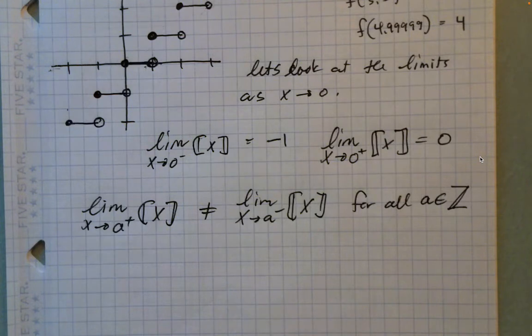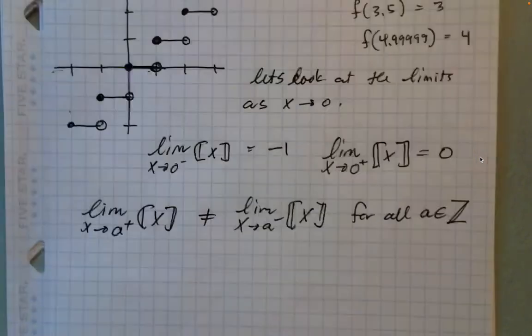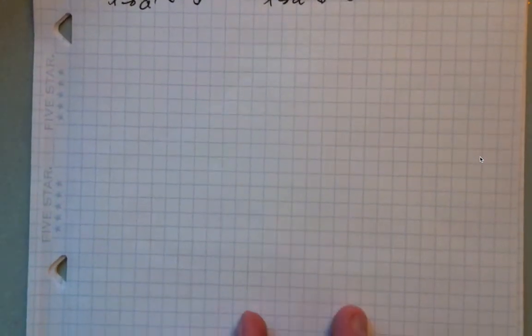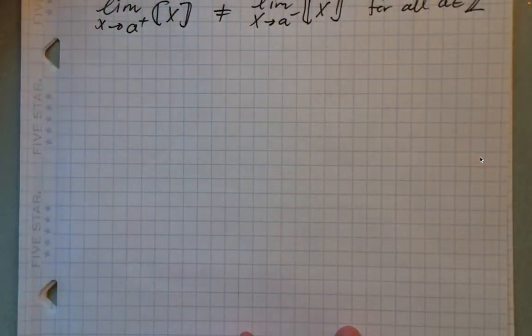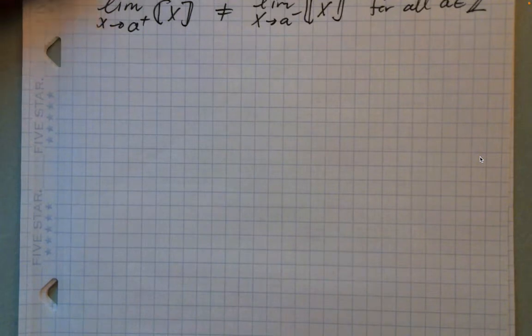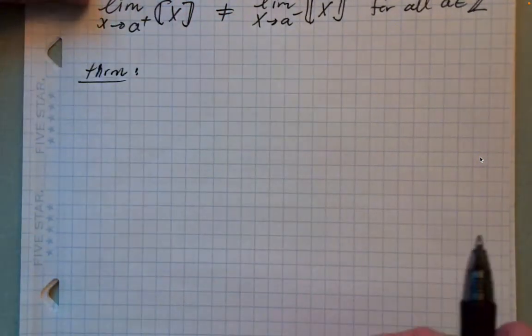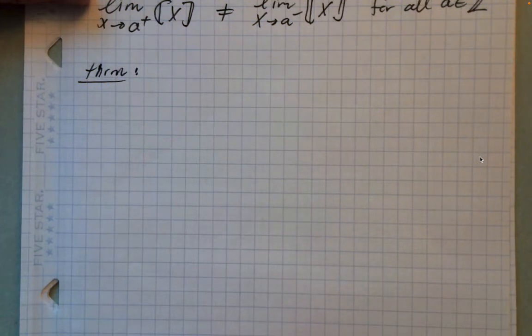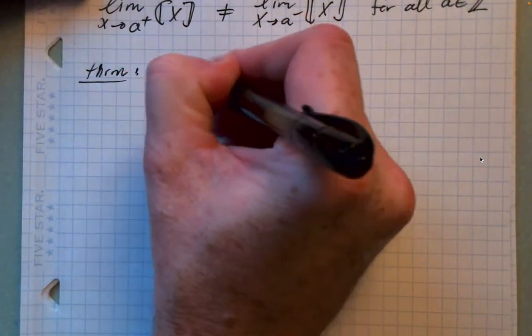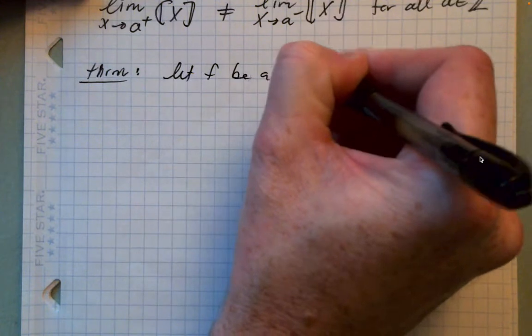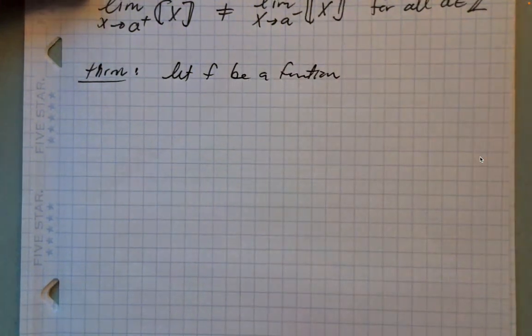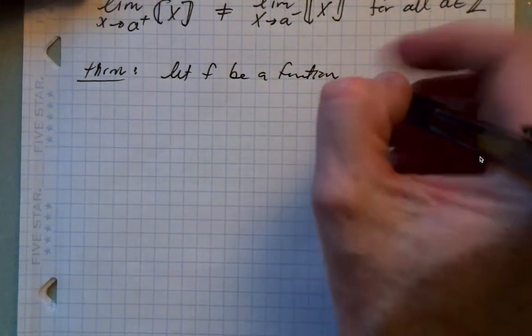Great. And so this example leads us to a nice theorem about limits in general. Maybe it's intuitive, but let's go ahead and talk it through. Theorem: let f be a function and c and L be real numbers.